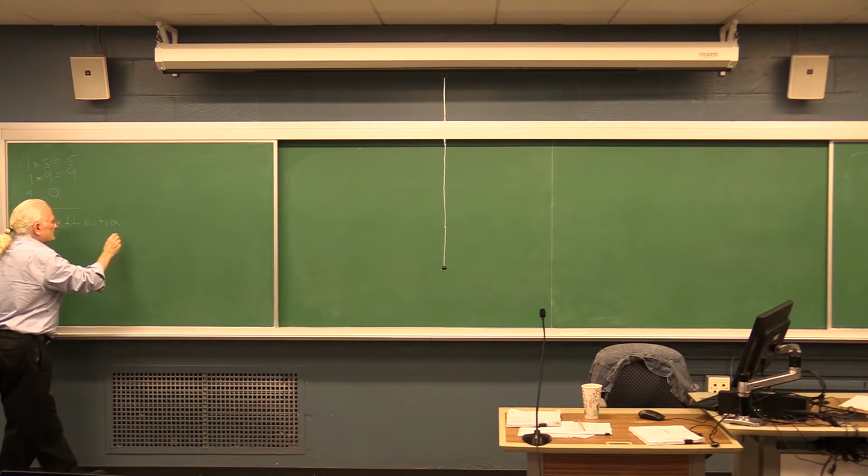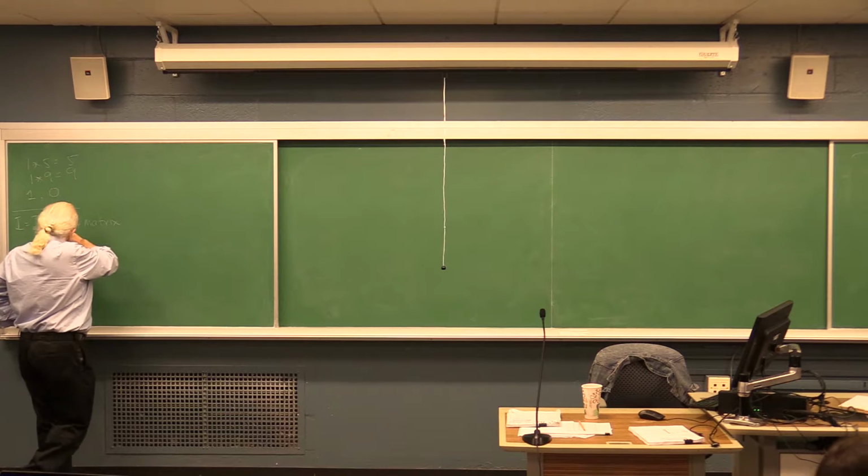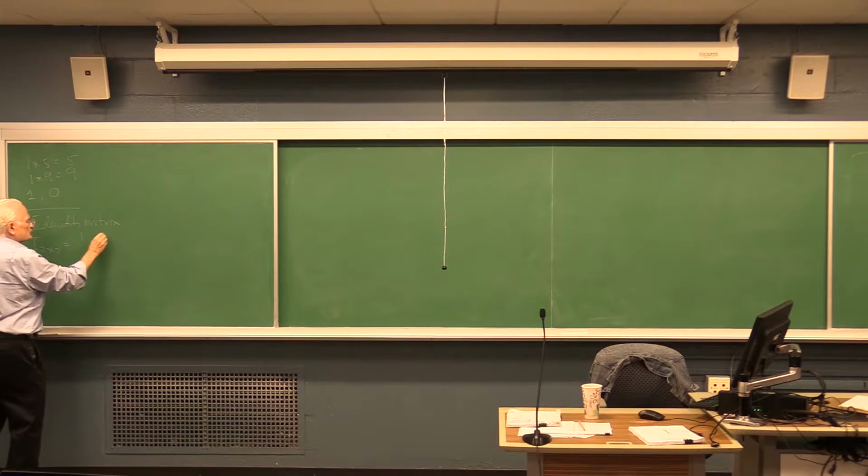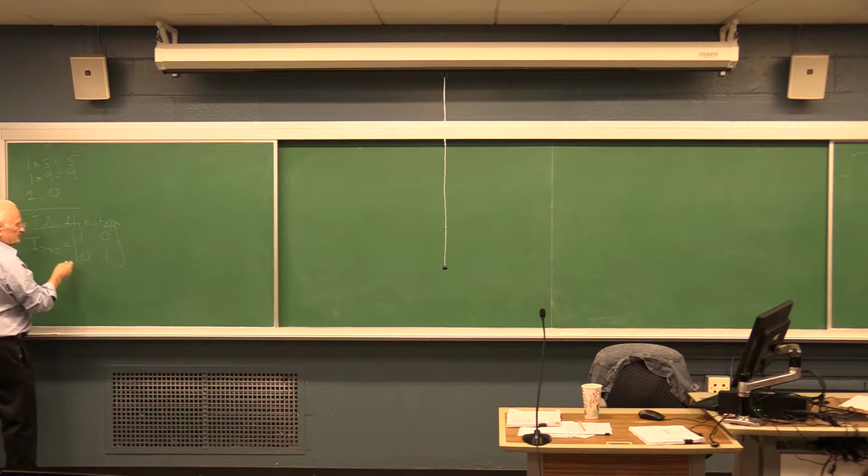The identity matrix. If this is 2 by 2, this is 1, 0, 0, 1. So the ones have to be on the diagonal this way, not the other way.